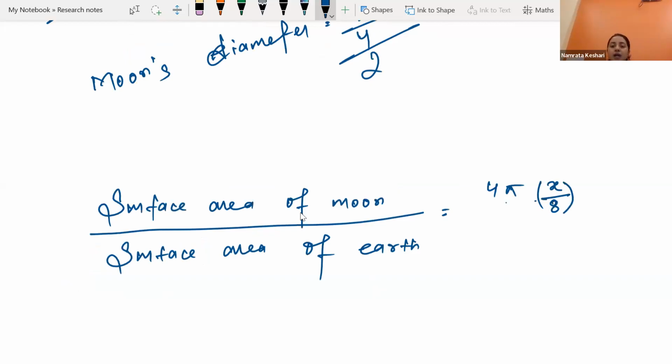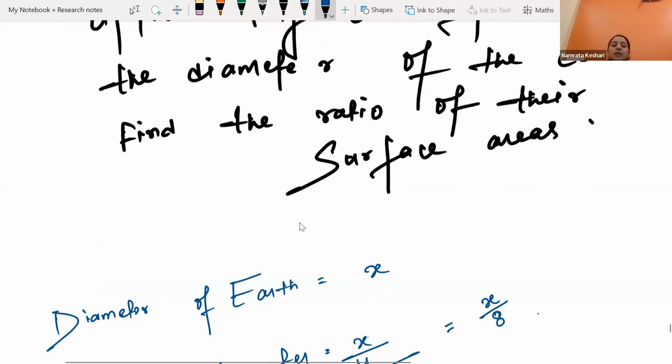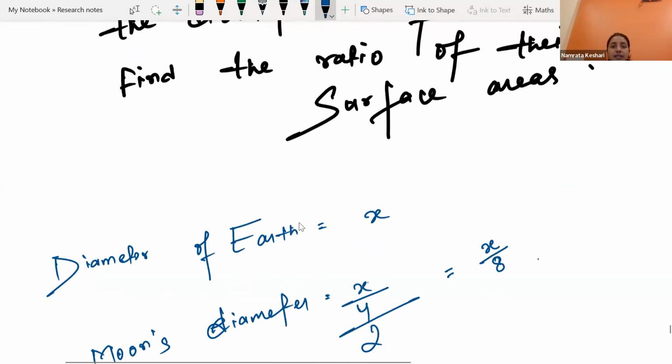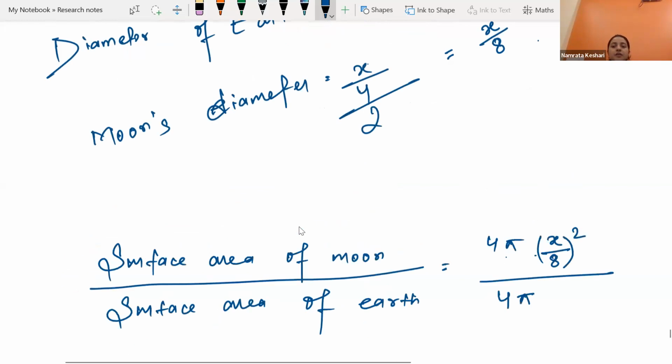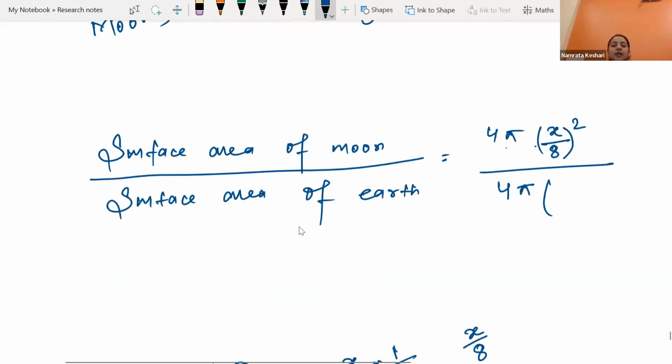Surface area is 4 pi r square, and for the earth also 4 pi r square. But here the diameter of the earth is x, so the radius will be x by 2, and that's squared. Now, this is why I say do it directly; please don't find the surface area of moon separately and then earth separately.